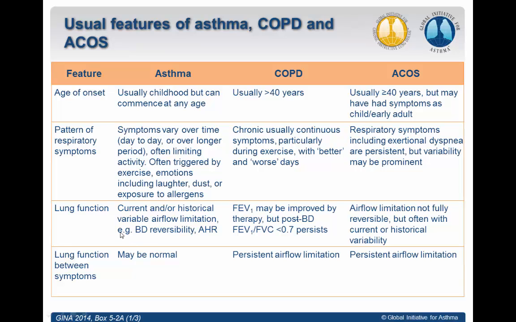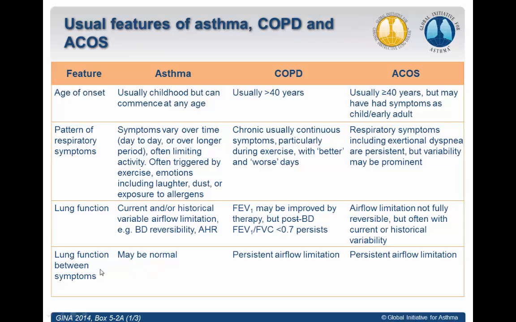The lung function, remember that since it's reversible with bronchodilator therapy, you already went through the classification with me, the mild, intermittent, and persistent, and moderate and severe, and how the pulmonary function tests vary. In COPD, the FEV1 may improve post bronchodilator therapy in the mild stages, but after moderate and severe, it persists. Okay, and again, has the same variability.